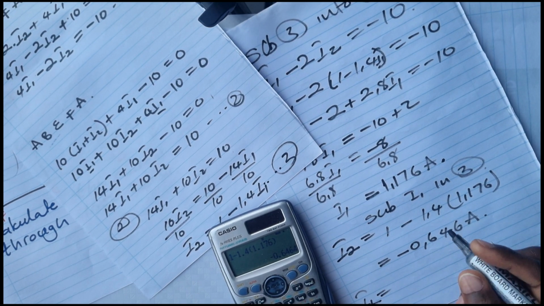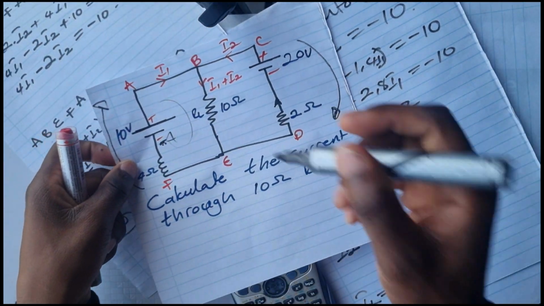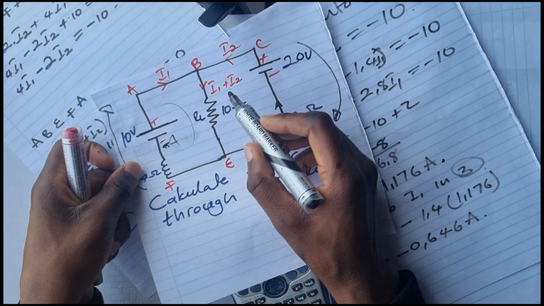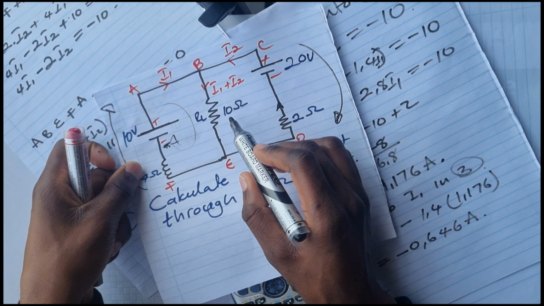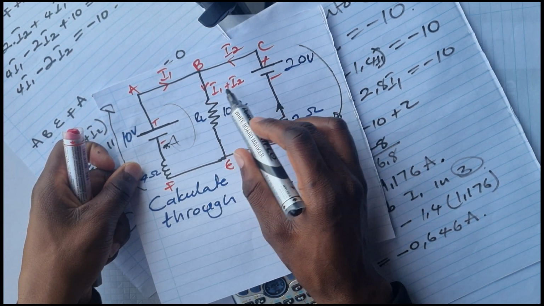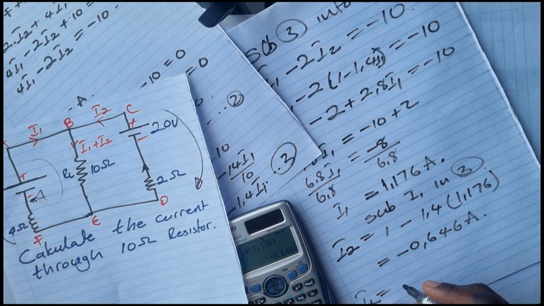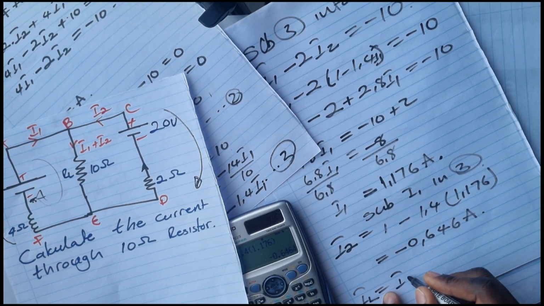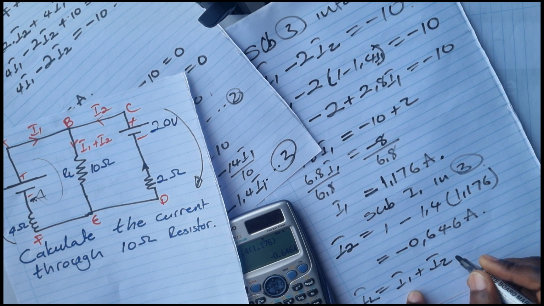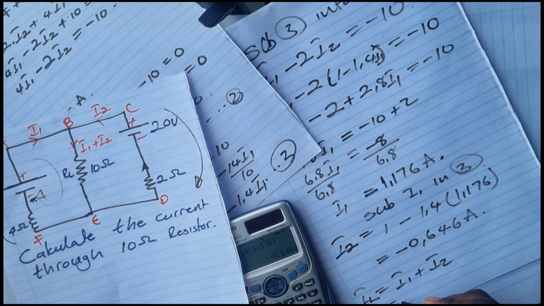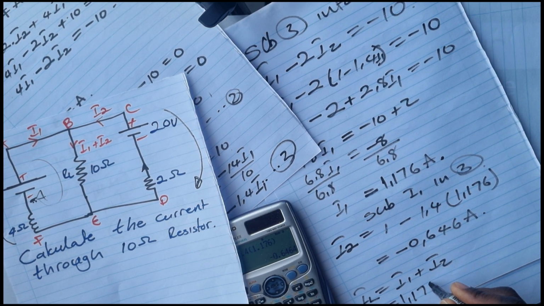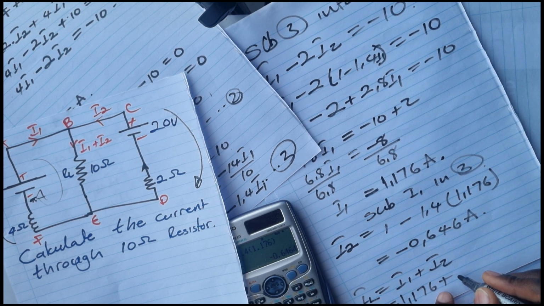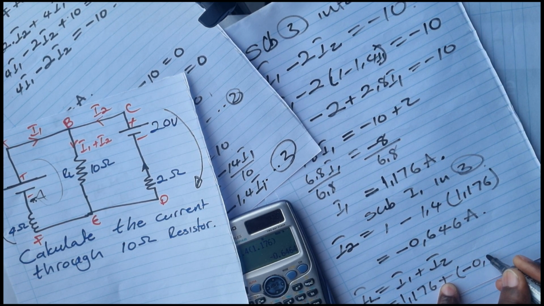And then our IL, which is the current that is going to be passing here. Remember, we have established that the current that is passing through the 10 ohm resistor is going to be I1 plus I2. Then IL is going to be I1 plus I2, which is equal to our I1, 1.176, plus our I2, minus 0.646.